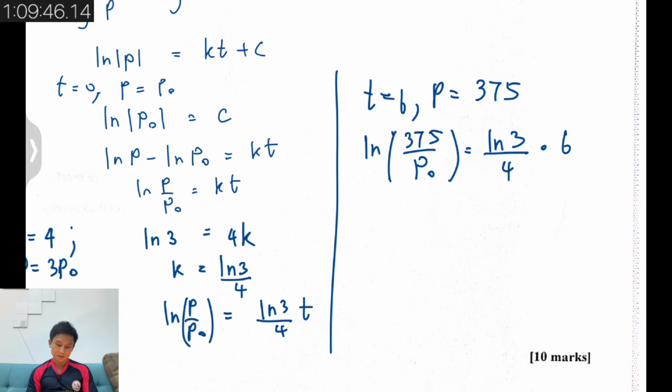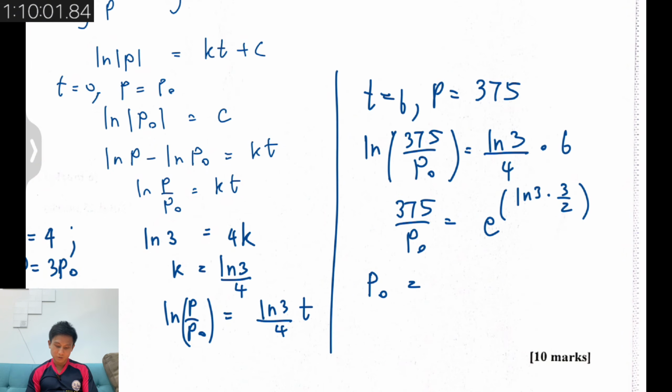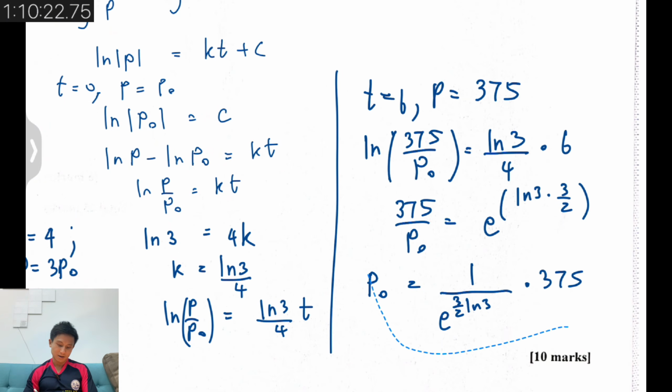This equals, that's just e to the power of all that. So P naught would be 375 over P naught on one side, and the other side will be 1 over this, 3 over 2 ln 3. And we move 375 to the other side. See if I get the same answer there.